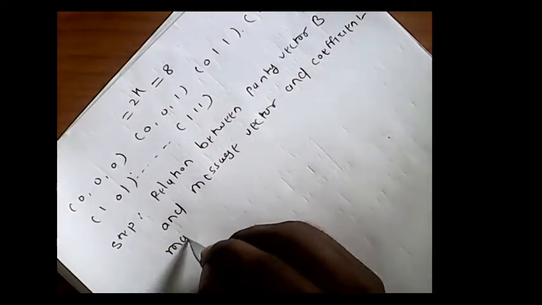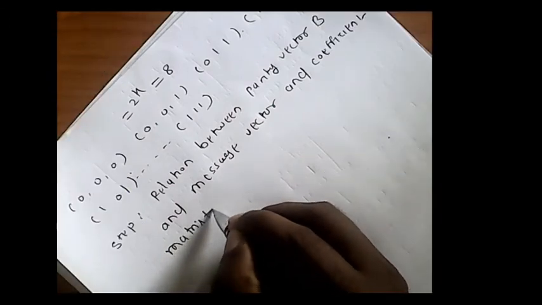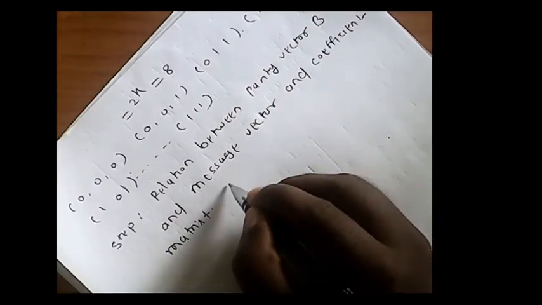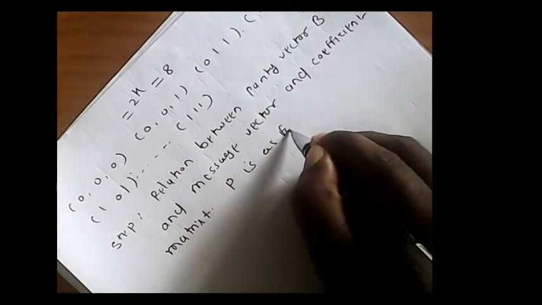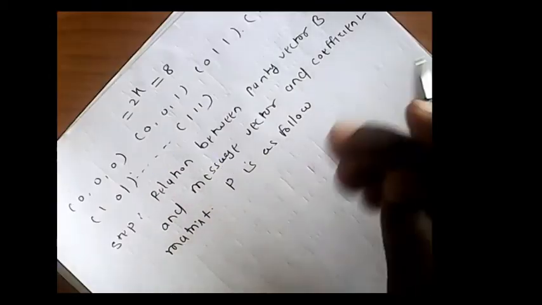Your coefficient matrix is nothing but your parity matrix P. This relation is already defined in the previous lecture.